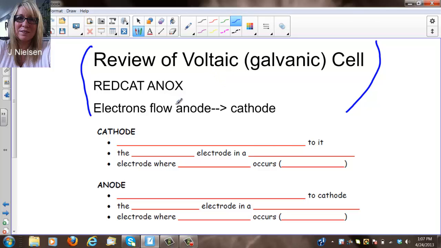If you're given a reaction, you simply will assign oxidation numbers to everything in the reaction and figure out what's oxidized and reduced. If you're not given a reaction, then you're going to use Table J. And remember that the more reactive element is oxidized.